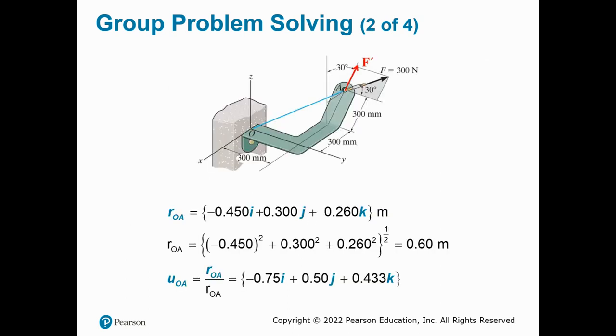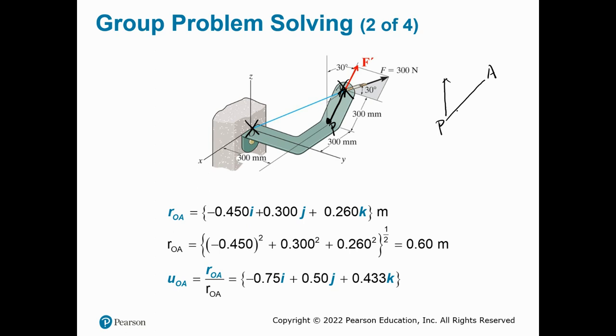Okay. So first things first, we're going to use this rOA, find out what is rOA. Again, like I said, you need the O, which is 0, 0, 0, and you need the A. This A over here is slightly more complicated. You're going to break that 300. Let me put it in the 2D notation. So from this point, I'm drawing this one to A. That's called point P. So PA is over here.